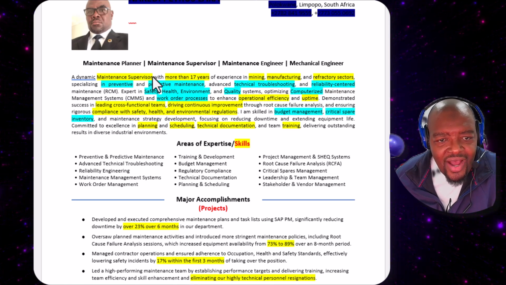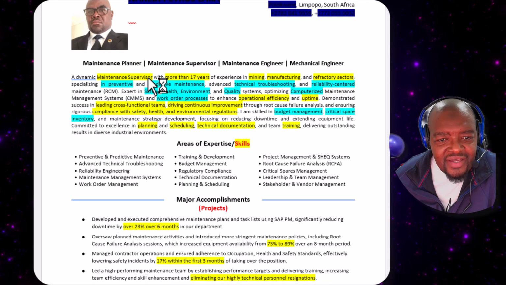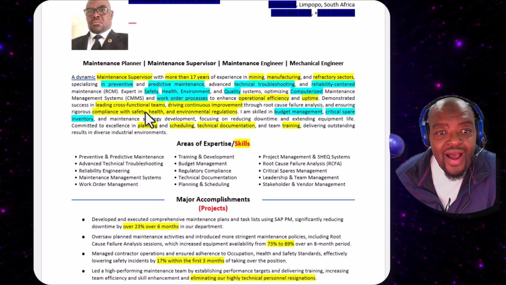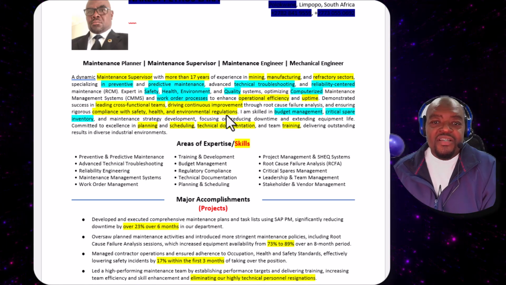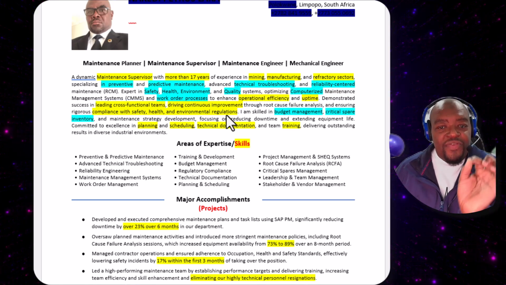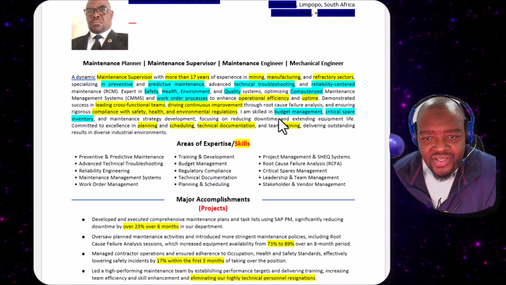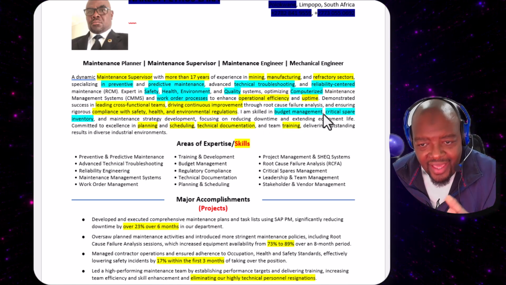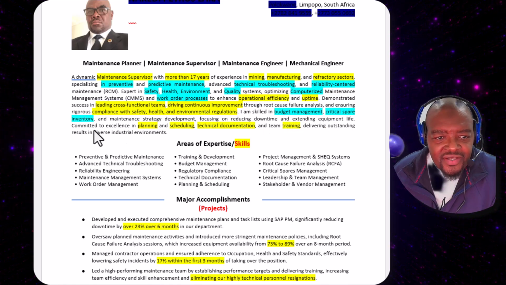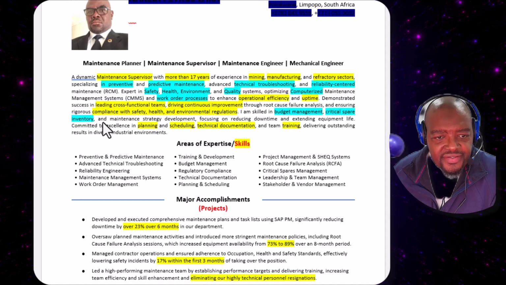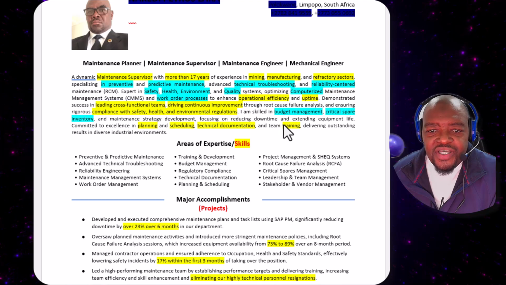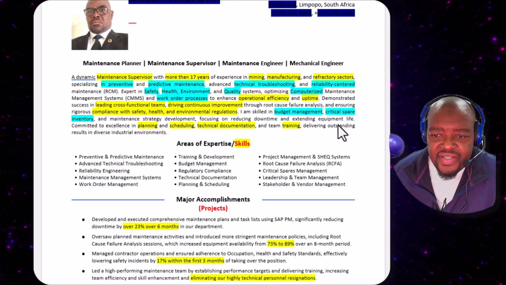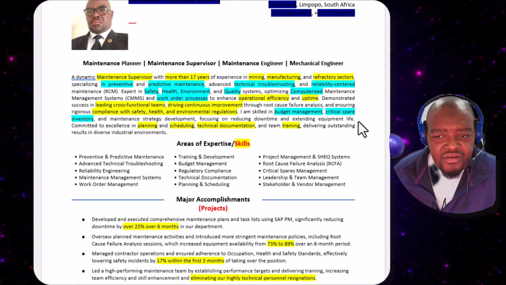You want to hire the guy as a maintenance supervisor. So you go highlighting whatever roles or responsibilities that align with your job scope. I am skilled in budget management, excellent. Critical spare inventory, yes. And maintenance strategic development, focusing on reducing downtime and extended equipment life.